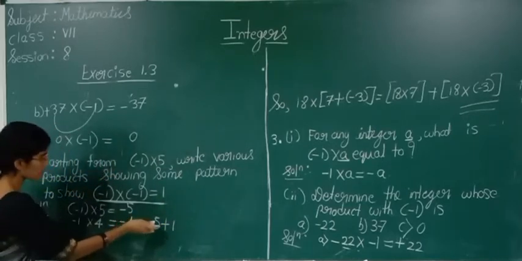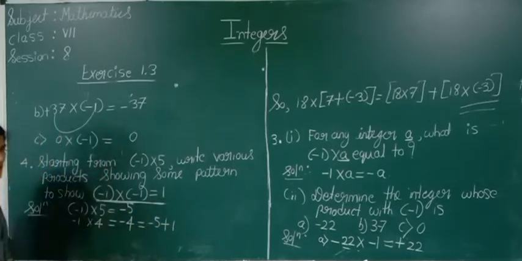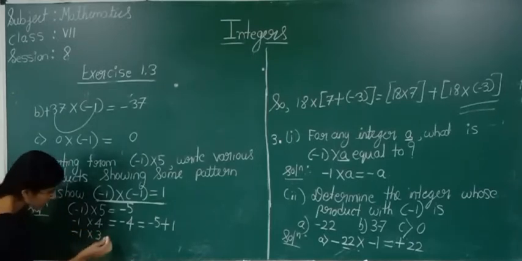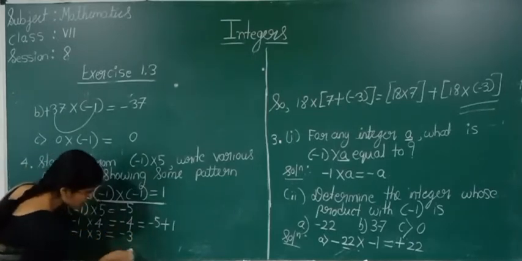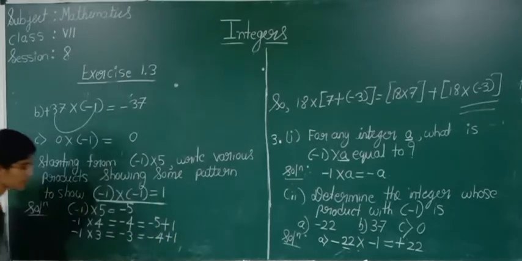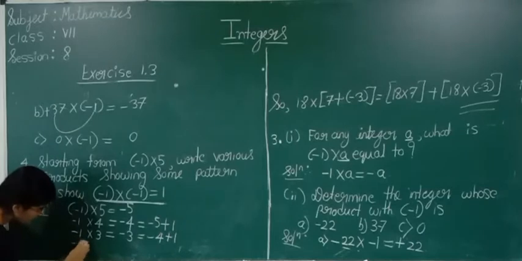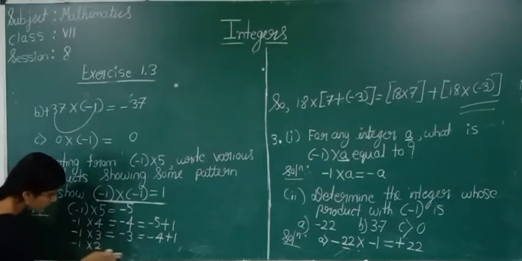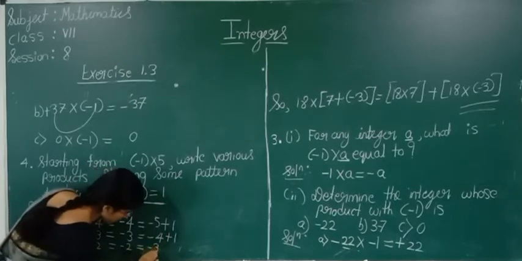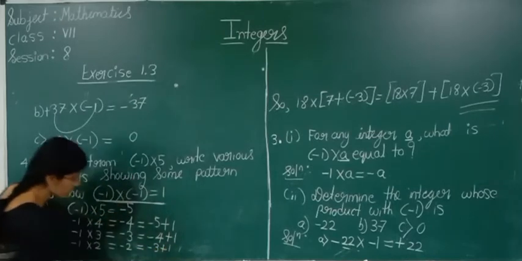If I do minus 5 plus 1, definitely I will get minus 4. Next, minus 1 into 3 is minus 3. How do we get this? Minus 4 plus 1. Right? Next, minus 1 into 2, that is nothing but minus 2, minus 3 plus 1.